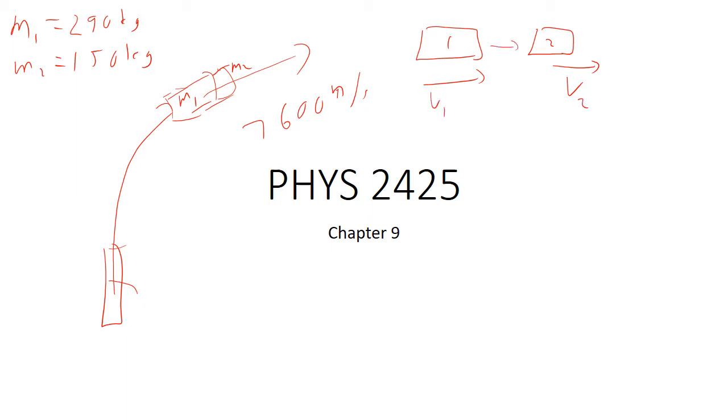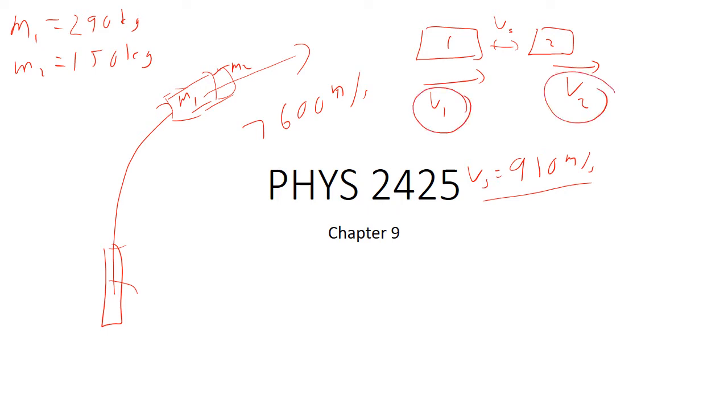We'll call vs the separation velocity, and say they're separating at 910 meters per second. What I want to know is what's v1 and what's v2.